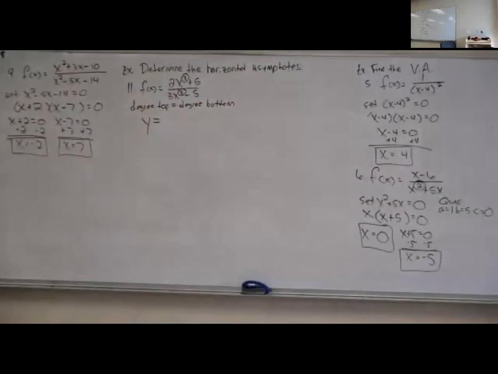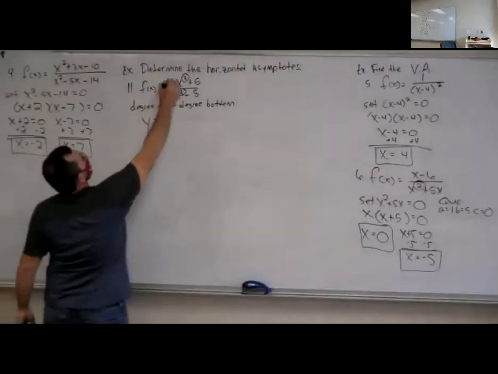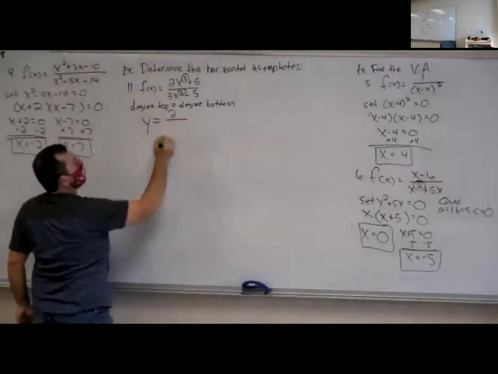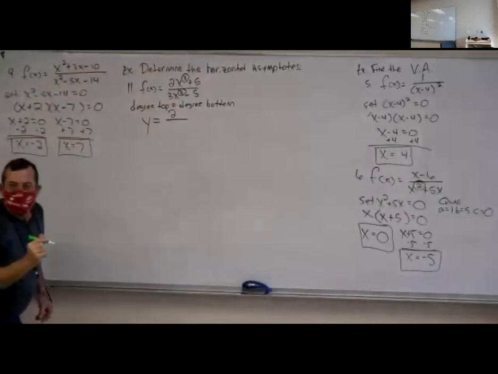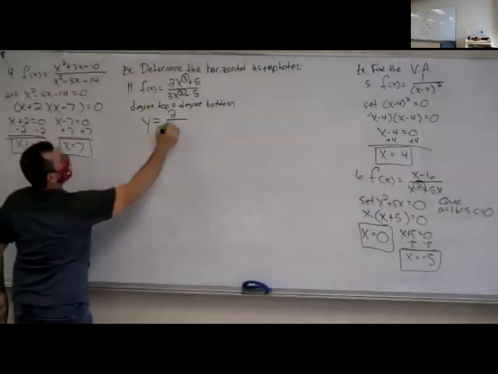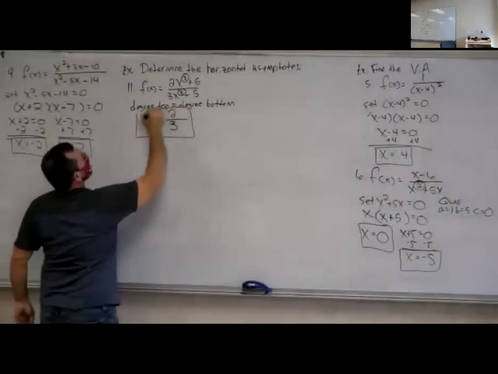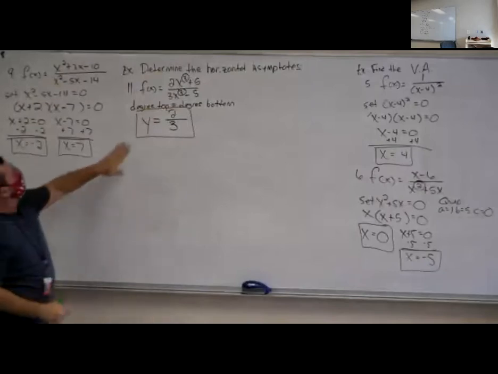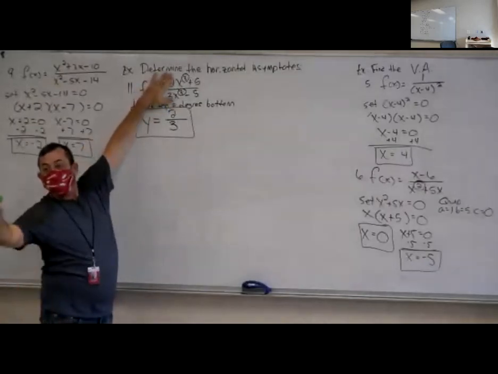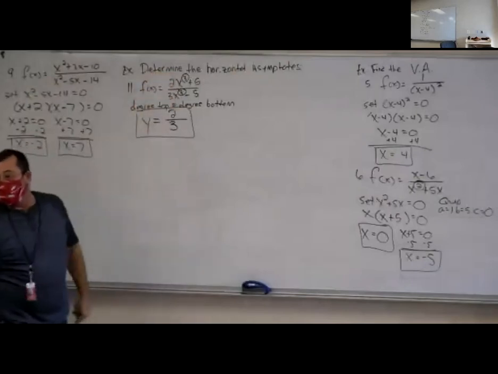B is the lead coefficient on the bottom. So what's the lead coefficient on top? 2. So that's this number right here. And then the lead coefficient on bottom is a 3. So I get y equals 2/3. Okay? So if they're equal, now remember, if that 2 wasn't there, you better treat it like a 1 sitting in that place, okay?